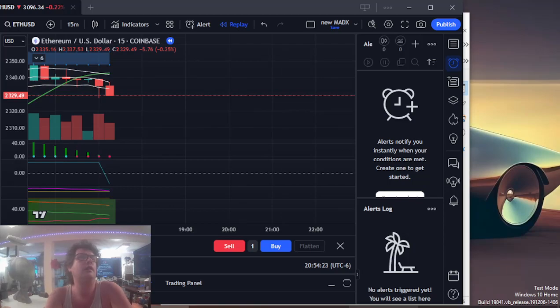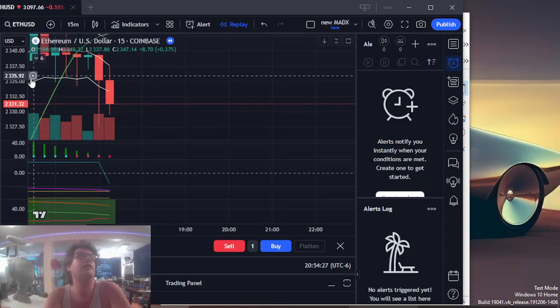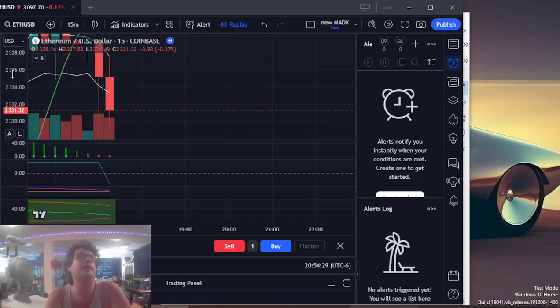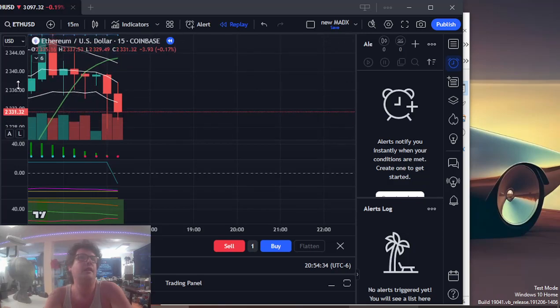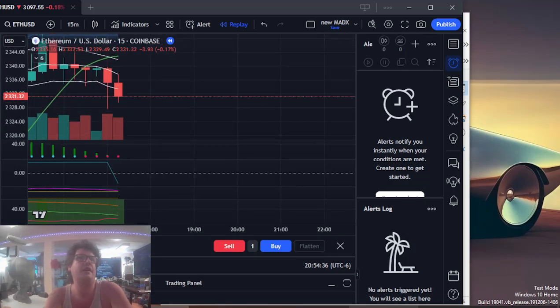Nope. Not quite touching the middle line, I think. Yep, not touching the middle line. The volume doesn't really make sense either, and it's too high RSI.